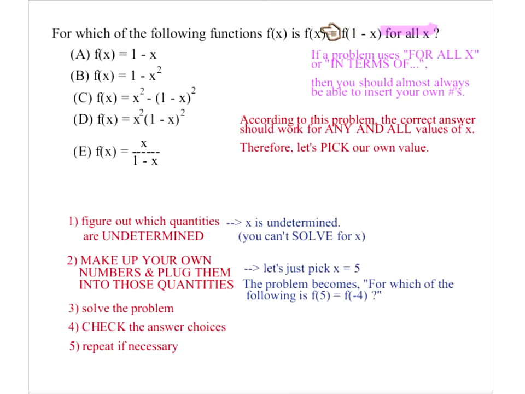It says that f of 5 has to equal f of -4. So instead of dealing with these frustratingly abstract variables, now we can just plug 5 into f and plug -4 into f and see what happens.